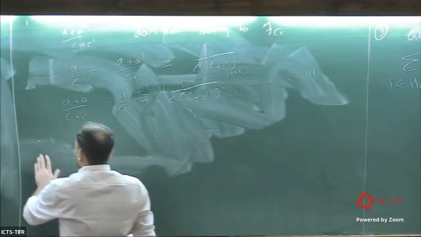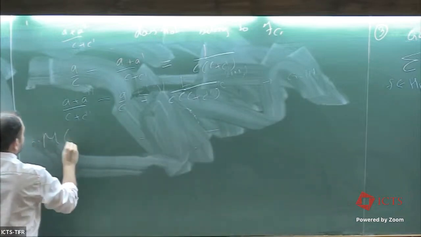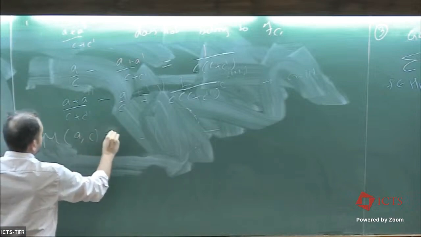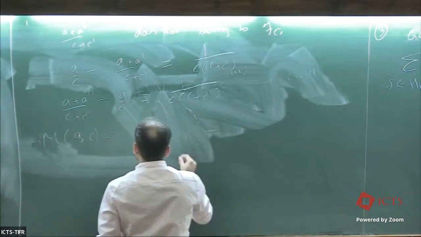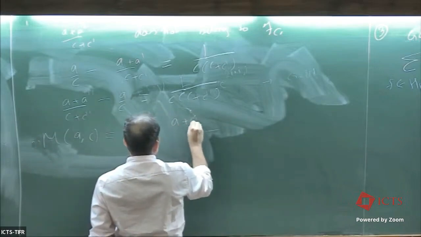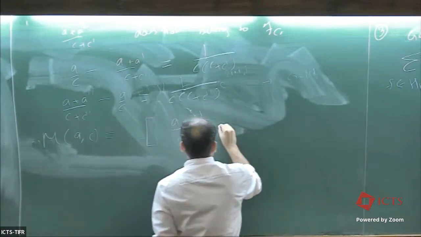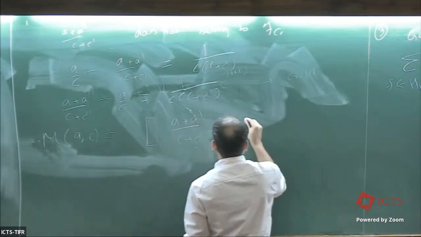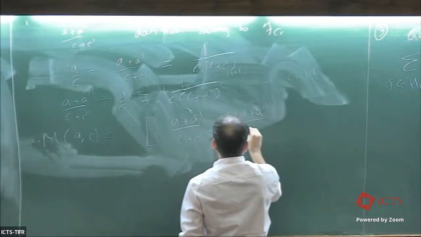So we define the Farey Kloosterman arc M A C as closed at the left median A plus A prime divided by C plus C prime and open at the right median A plus A double prime divided by C plus C double prime.